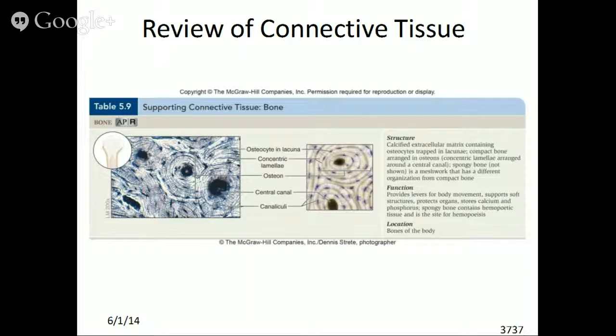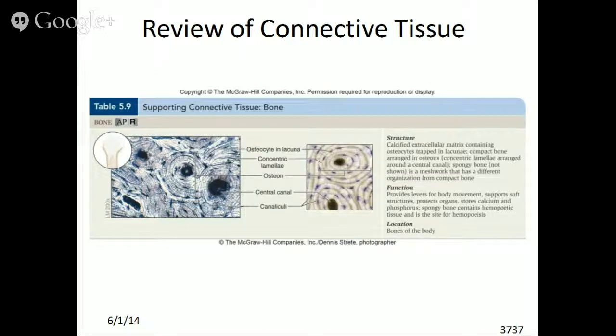And the coolest thing about bone tissue is that your cells make bone tissue in concentric rings. Just like how you chop a tree down and you count the rings on a tree and it tells you how old that tree really is.